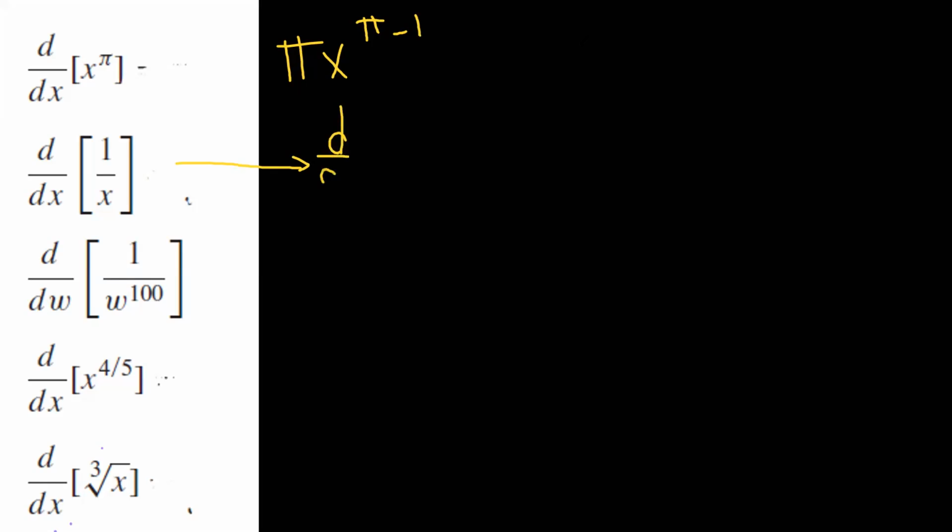Now, let's solve these examples. X raised to the power pi, we say that it is pi x to the power pi minus 1. Now, let's talk about the second one. 1 over x. What's the derivative of it? Look here at what I have to do. I can write 1 over x as x raised to the power what?